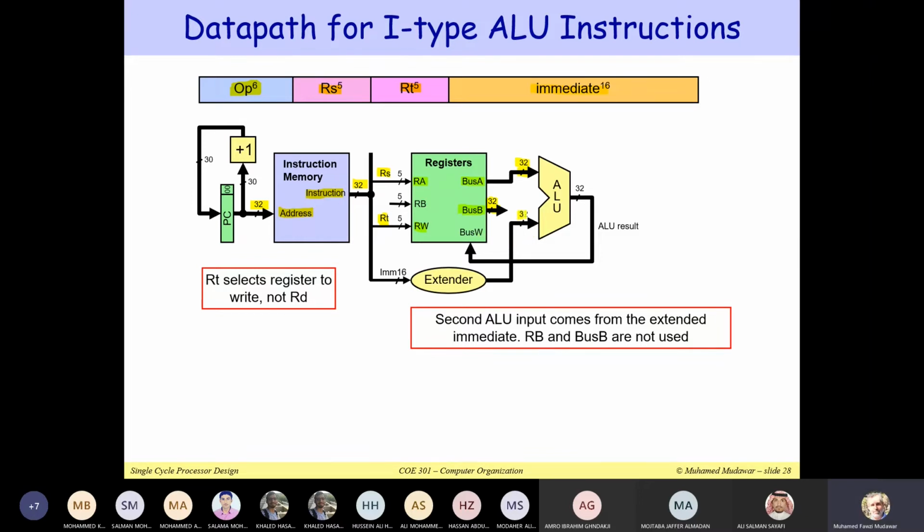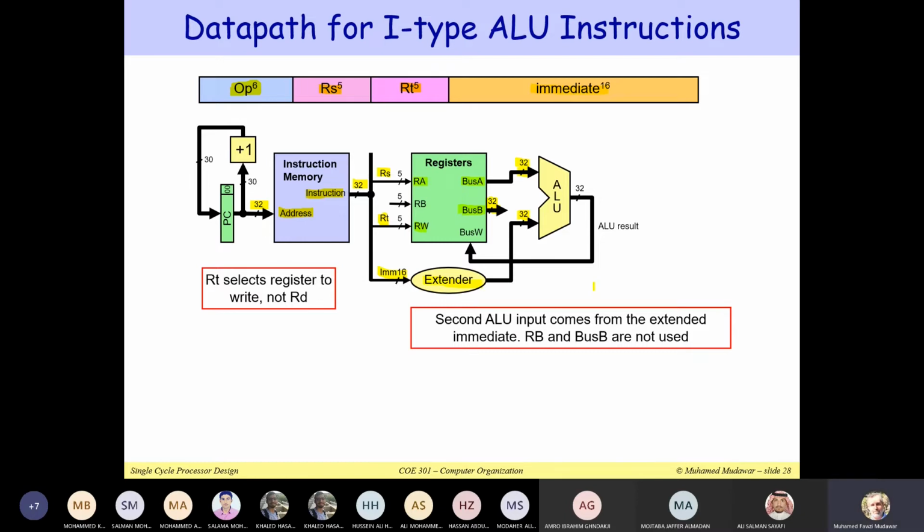So now the second input to the ALU is nothing but the 16-bit immediate. I know that the 16-bit immediate are the lower 16 bits, so we can extract these 16 wires from the 32-bit instruction. The 32-bit instruction consists of 32 wires at the output of the instruction memory. So we can tell which 16 wires are used for the 16-bit immediate, and we can extend them to 32 bits.